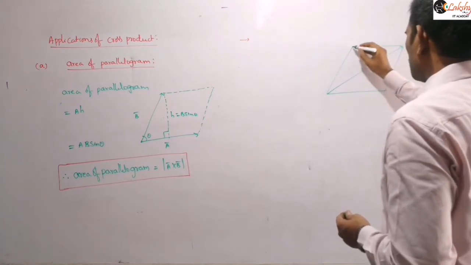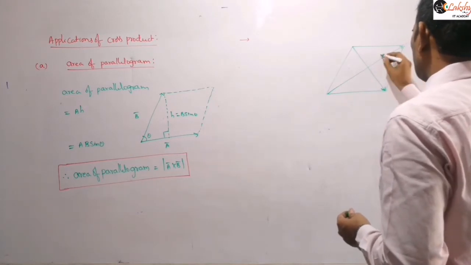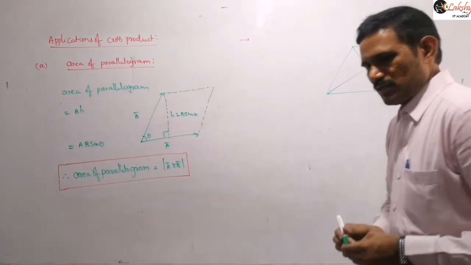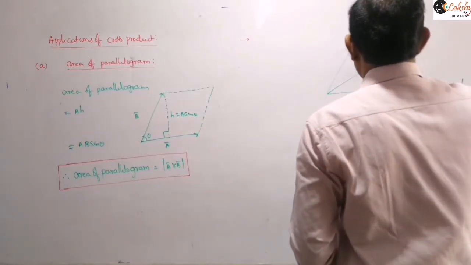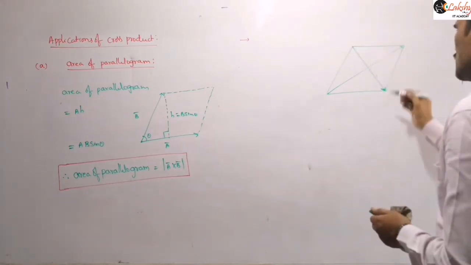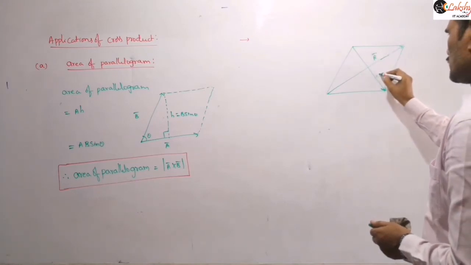So mention that if C bar and D bar, or let us name them as R and S, because in the parallelogram law we generally use R and S. So write them as R bar and S bar.